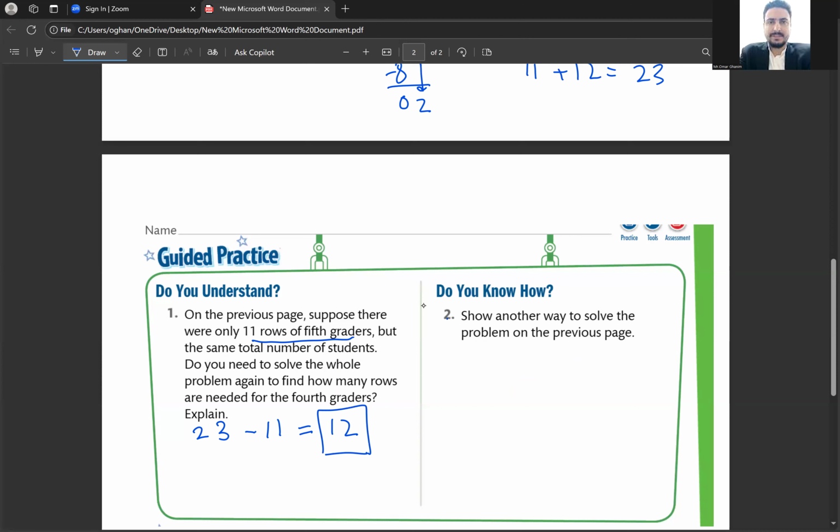Show another way. Is there another way to solve? Well, of course, there is another way.